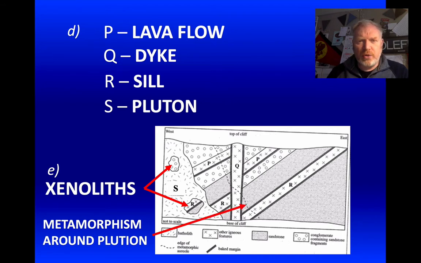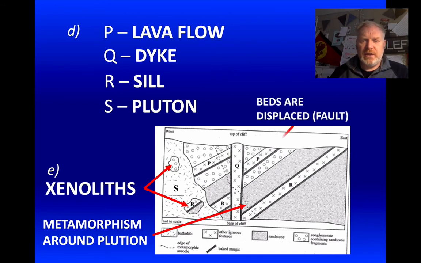Now, we're going to talk about this more in theme 6. It's a feature we call the metamorphic aureole. We can also see, if we look really carefully, the beds here are actually displaced. They're moved along the crack that's now been filled up with the dike. This is something we call a fault. More about that in theme 13.